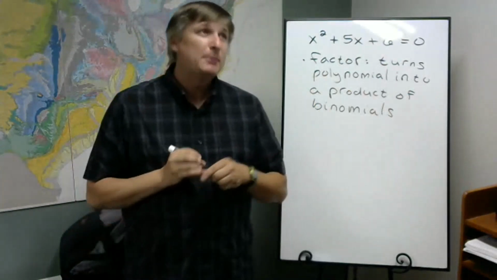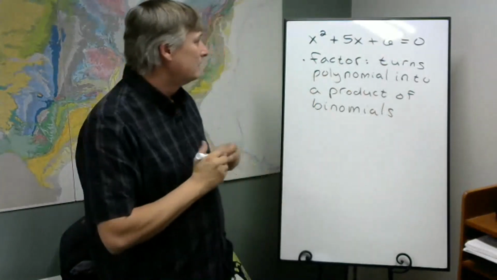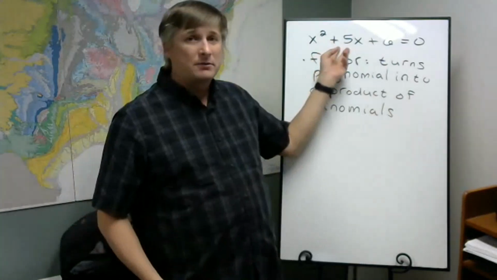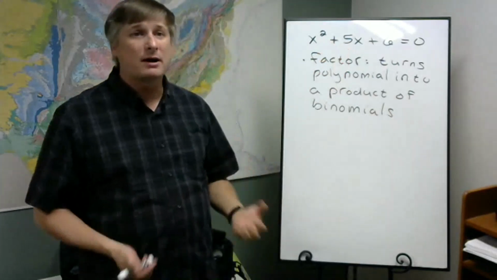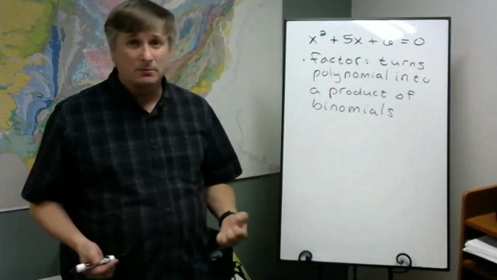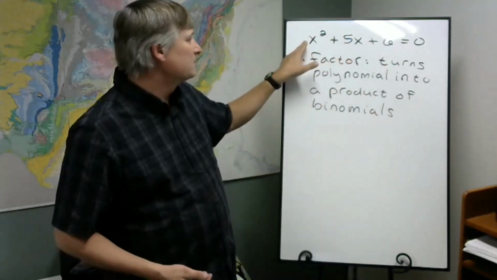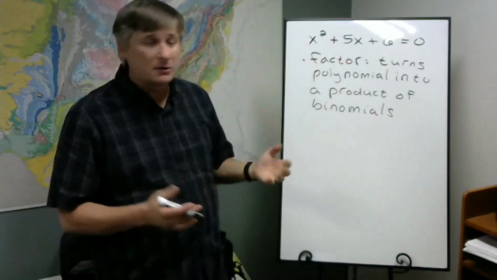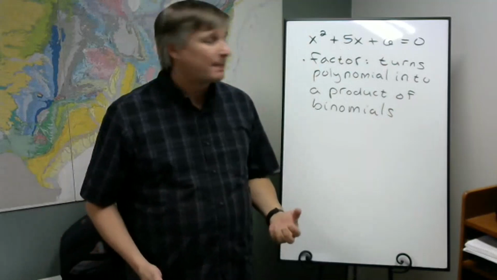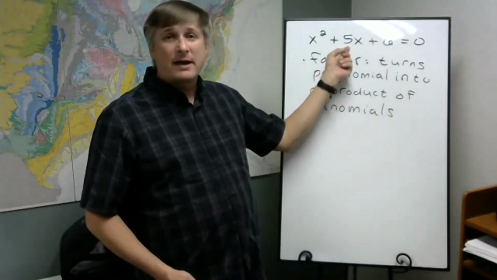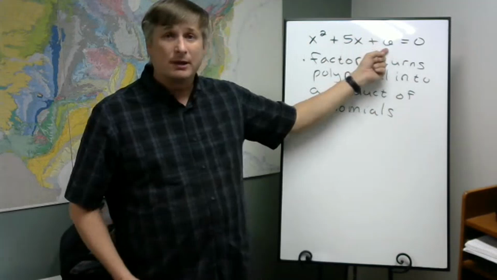This is how we're going to implement this trick. We're going to factor this polynomial into a product of binomials. Since there's an invisible 1 here and nothing else, we're going to do guess and check. So we want two numbers that add up to 5 and that multiply to 6.